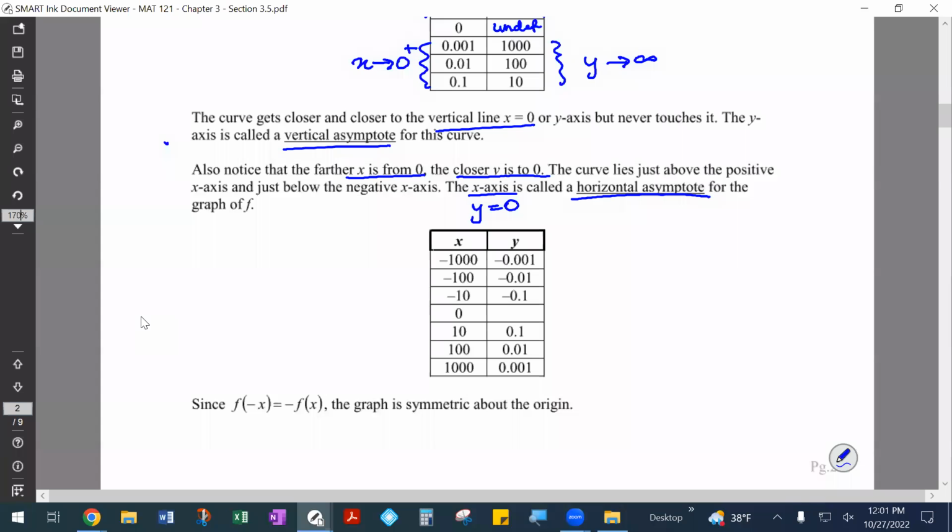And so here you can see as we are getting closer to the y value coming from the negative side, our x is headed to -infinity. As we are getting closer to 0 on the y-axis from the positive side, your x is headed to positive infinity.